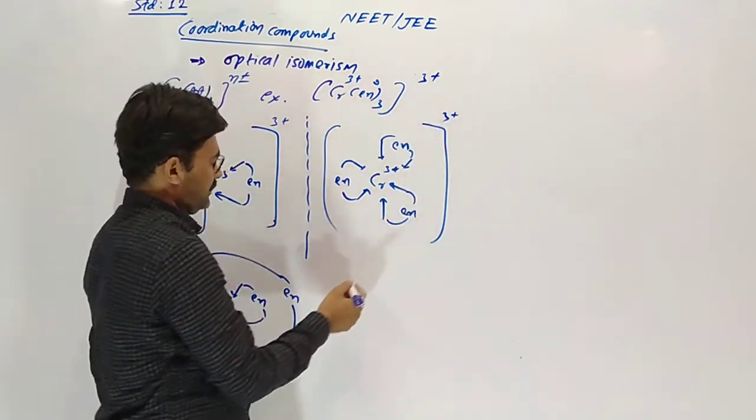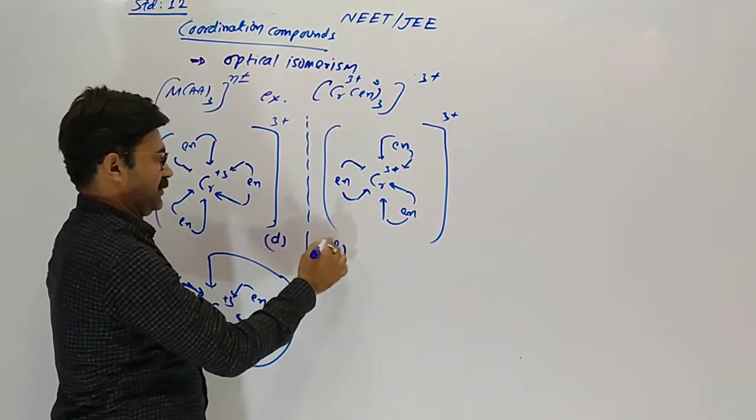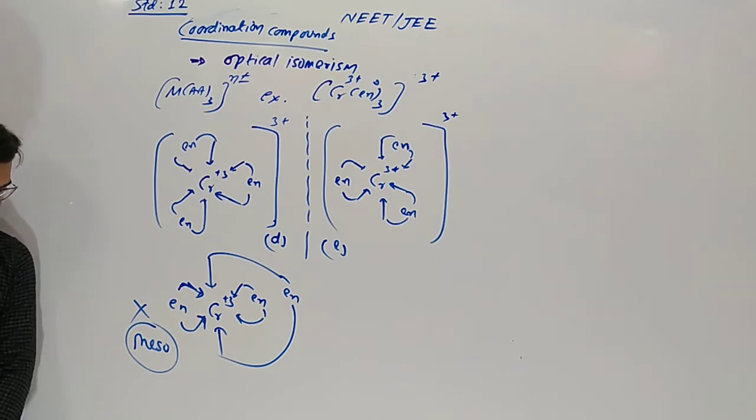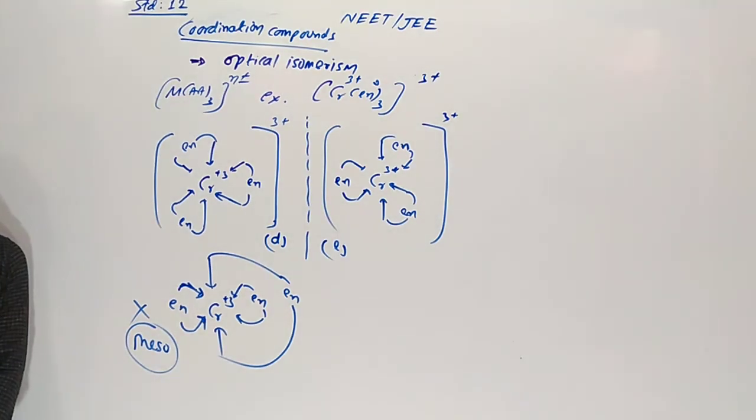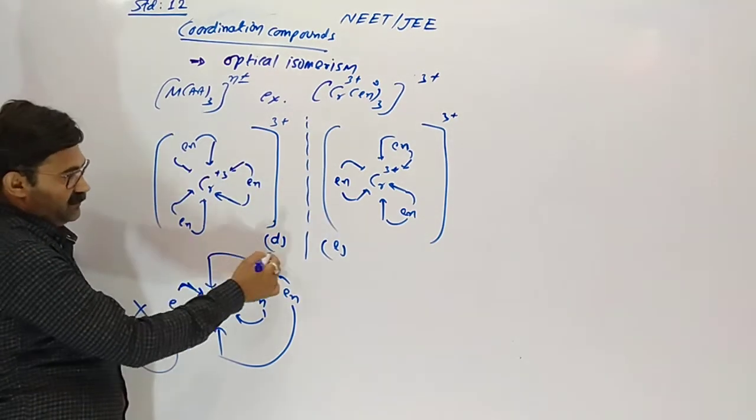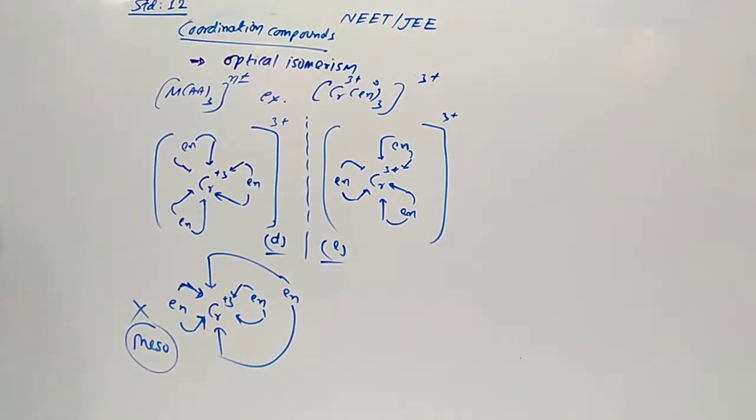So one of them is dextro, one of them is levo. No geometrical isomerism occurs here, only optical. Meso is never optically active.